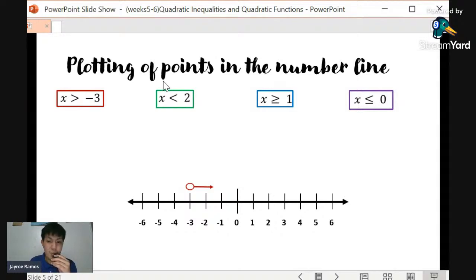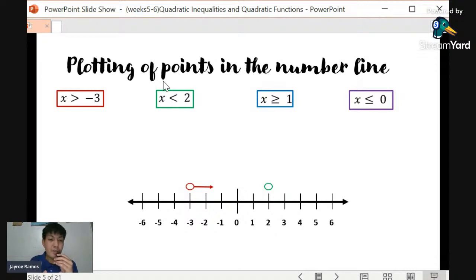So ang given ay 2, no? So determine 2 in the number line. So ito po yan. Okay, ngayon, ang pinagkaiba naman yan, less than 2. So if we will try to understand that, ang ibig sabihin yan, ang x value dapat ay mas mababa sa 2. So ano ba yung mas mababa sa 2? 1, 0, negative 1, negative 2, so on and so forth.